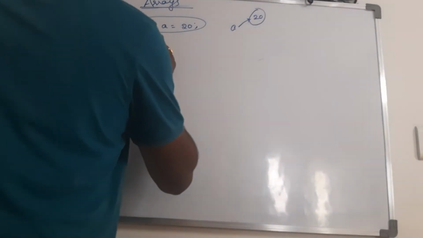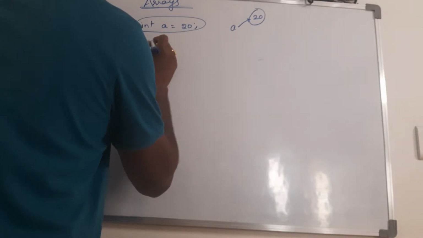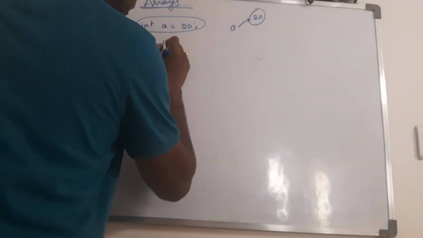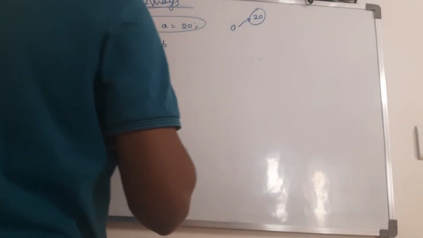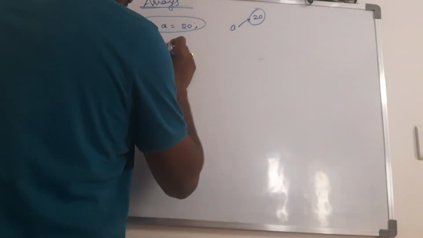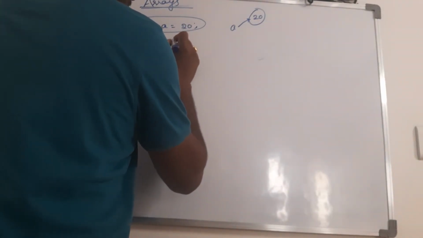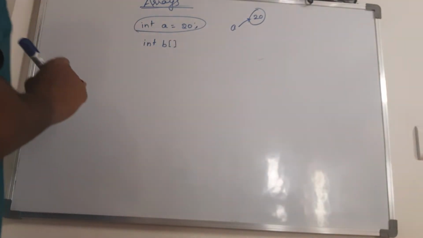Now I am creating it in one way: int b, and before the equals, I am keeping square brackets.